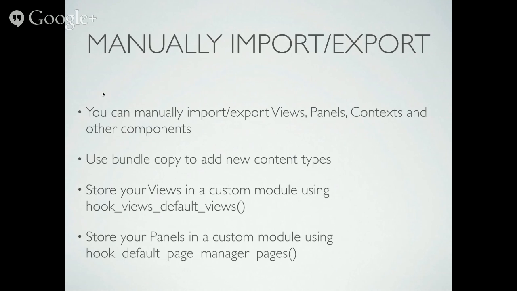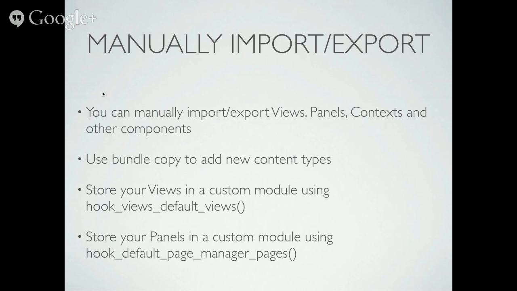So if you have a custom module for, let's say, registrations on your website, let's say you're setting up a conference website and you have registrations, and you have some views and panels that you want to include with this module. So they're part of the module, and you could put these into features.